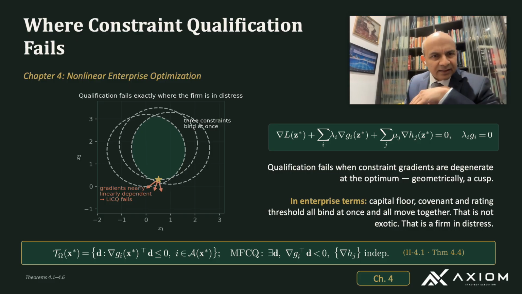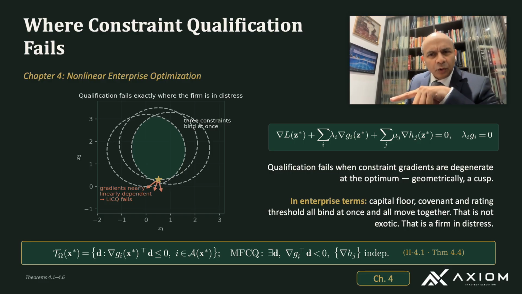So this is just the basics. Constraint qualification fails, however, when the constraint gradients are degenerate at the optimum, when geometrically the feasible set has a cusp. In enterprise terms, this is the situation where several constraints bind simultaneously and their directions of tightening are linearly dependent.